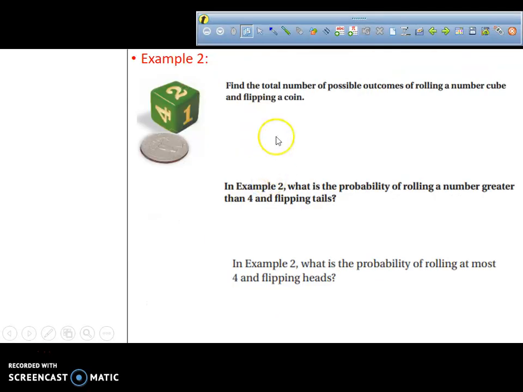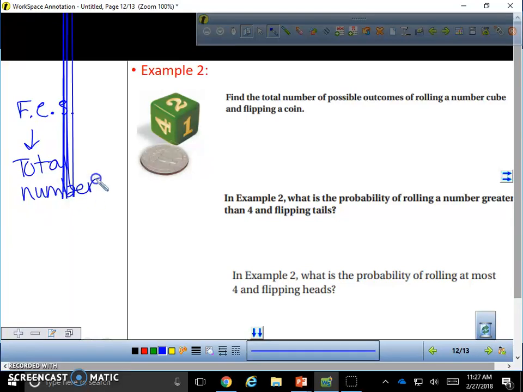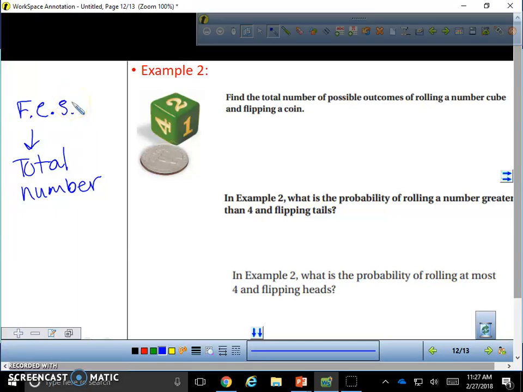Or total outcomes. Find the total number of possible outcomes of rolling a number cube and flipping a coin. This is where we're going to use the fundamental counting principle. It's just for total outcomes, total number. When we were looking at example 1, it asked us what was the sample space, so we had to list them.